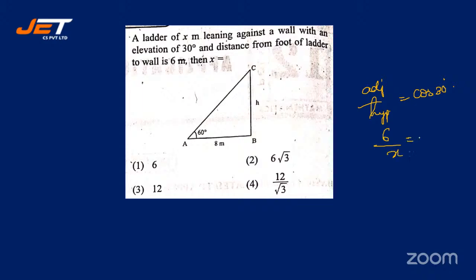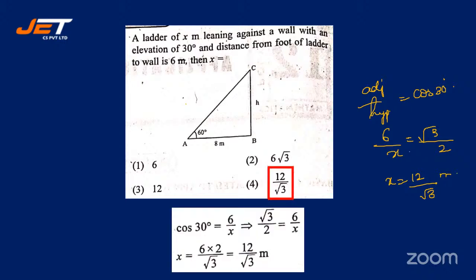Cos 30 is nothing but root 3 by 2. So if you solve, x will become 6 twos are 12 by root 3 meters. Okay. So this diagram is not relevant to this. So you don't have to see this diagram. Without the diagram, you can actually quickly do it. All right. See the next question.